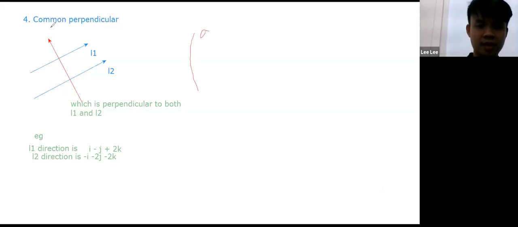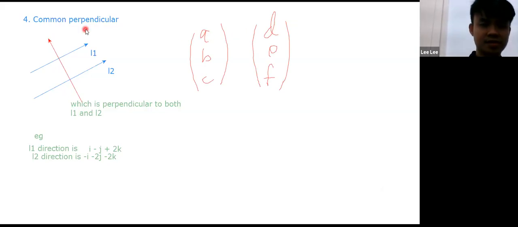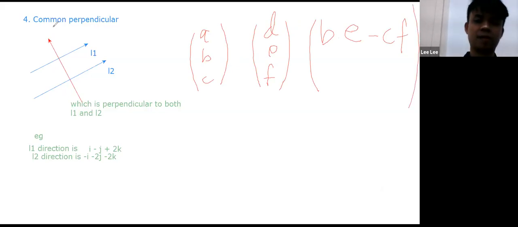Let's say one vector is ABC, another is DEF. Ignore the first one first, and cross BF and CE. So you have B times F minus C times E.